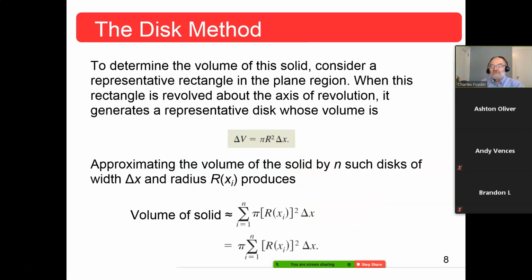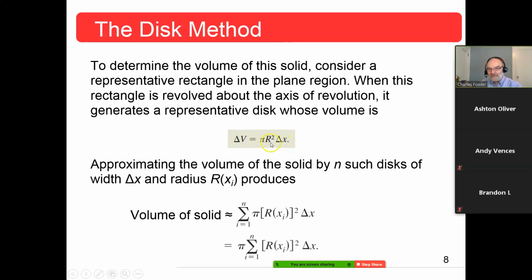To determine the volume of that solid, consider a representative rectangle in the plane region. When that rectangle is revolved around the axis of revolution, it generates a representative disk whose volume, delta V, for just that little volume of thickness delta x, is pi r squared.